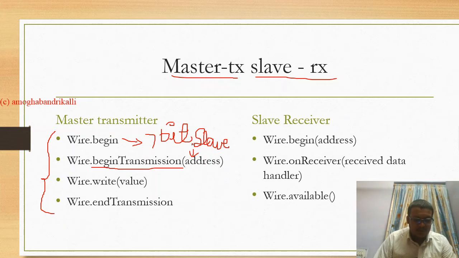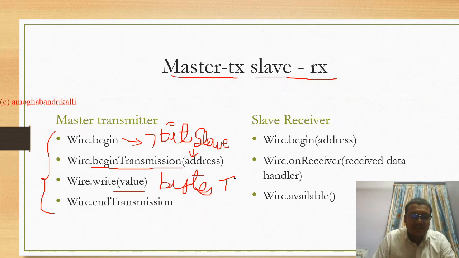And what it is going to do is start the transmission by sending clock signals. So after synchronization, it is going to send wire.write. This is a function where some bytes of information are transmitted between the transmitter and the slave, that is, the master and the slave.